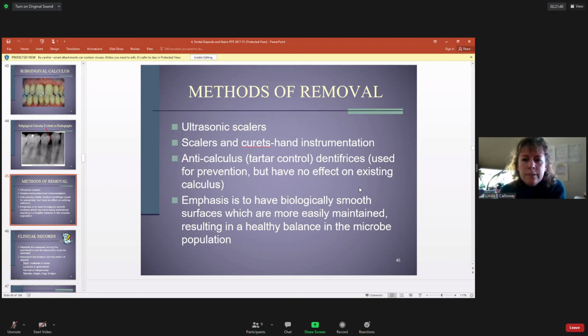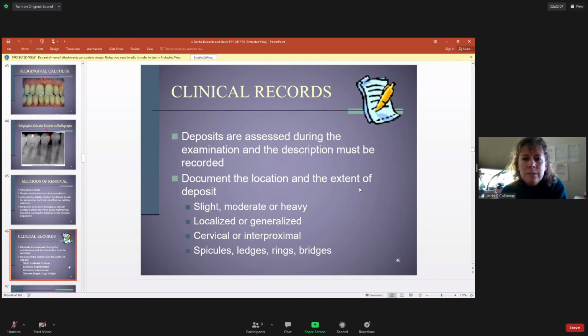The emphasis is to have a biologically smooth surface, which is our tooth surface, which is more easily maintained, resulting in a healthy balance in the microbe population, because we need a microbial population, or else we're going to have yeast overgrowth in our mouth. That would not be pleasant. So we need a healthy balance, and you should have learned that, or are learning that, in Miss Simmons' class.